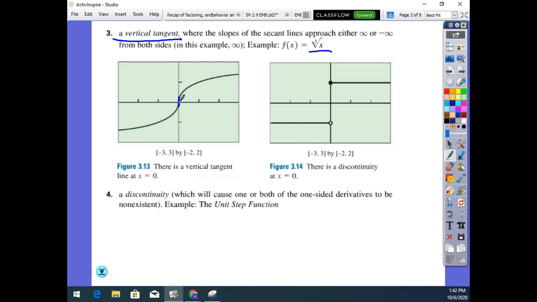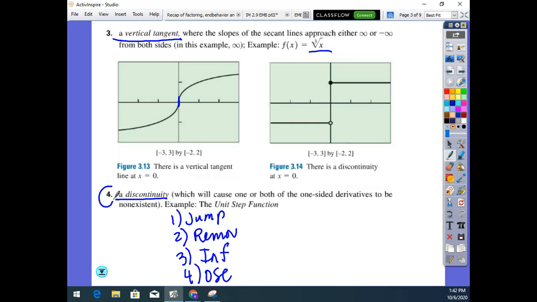And 4, if there is any kind of discontinuity, a jump, removable, infinite, oscillating, any of the 4 types of discontinuities, that causes it to be not differentiable at that point. So all of these 4 fit into number 4 of the differentiability.